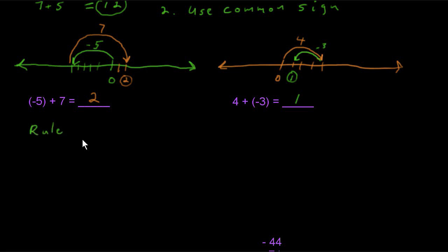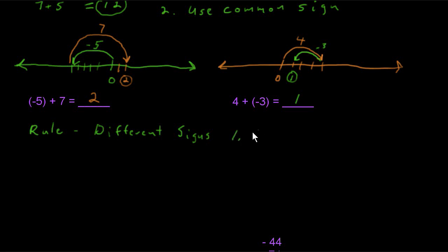We need a new rule for this case, because in this case we have different signs. Before we had the same signs, now we have different signs. Notice that we have a negative and a positive, a negative 5 and positive 7, and a positive 4 and a negative 3. The signs are different, and so the rule is different.